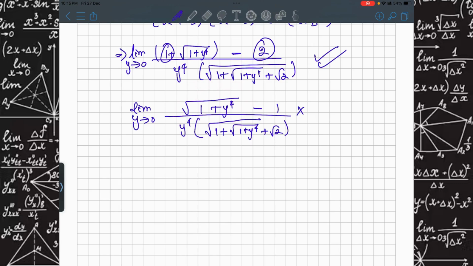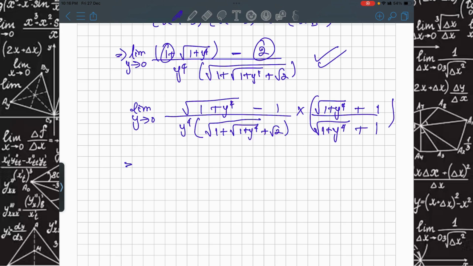Let's multiply this with root of 1 plus y power 4 plus 1. This time we have to write plus because we have to conjugate that, right? So it becomes root of 1 plus y power 4 plus 1, divided by root of 1 plus y power 4 plus 1. Now let's multiply this.